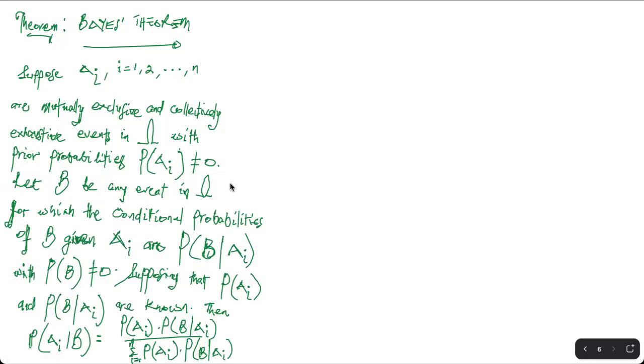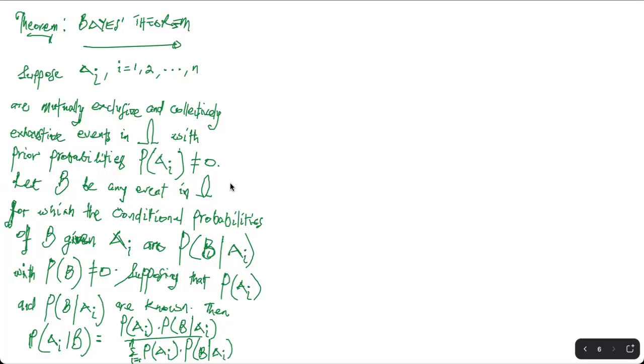So this is the statement of the theorem. Suppose that we have some partitions, and I'm calling them partitions because we've stated that they are mutually exclusive and collectively exhaustive over the sample space, with their various prior probabilities being non-zero.